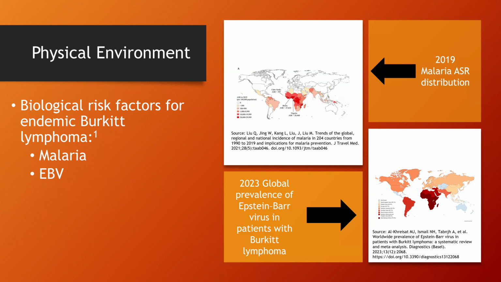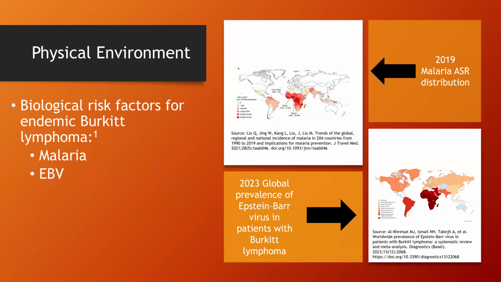You'll see here the image at the top of your screen shows the global 2019 malaria age standardized rate distribution. You'll notice that the dark coral areas are the areas that are most frequently affected by malaria.